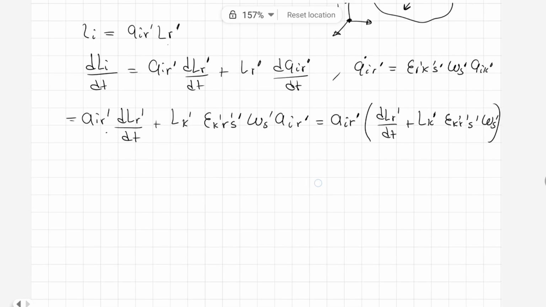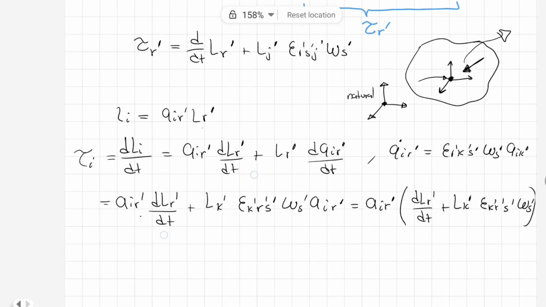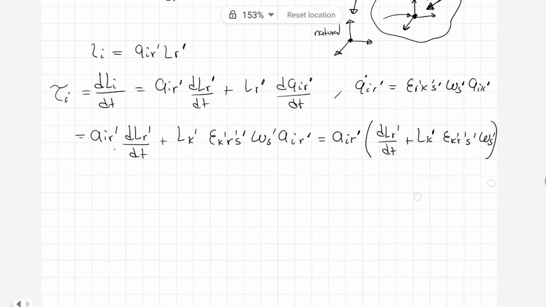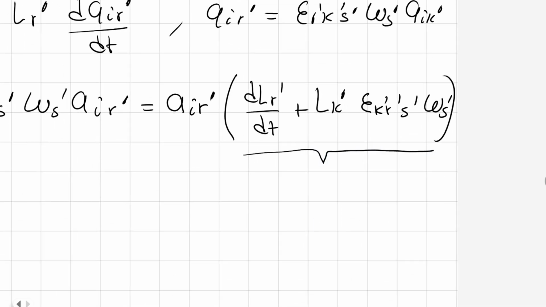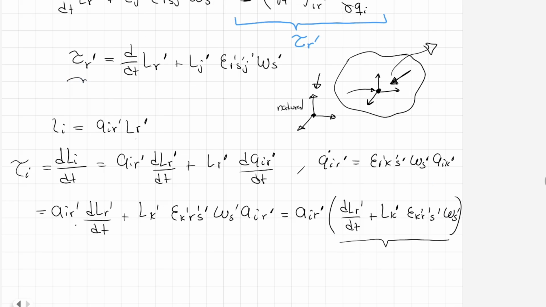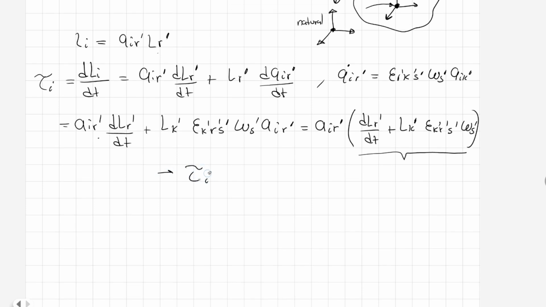So what is this telling us? Remember, the famous formula tells us that this is the torque i, that corresponds to the measure made in this coordinate system. So we are getting that this whole expression that we found was defined as the rth component of the torque with respect to the prime basis. Well, that means that the torque in the natural basis is equal to a_ir prime tau_r prime, like this.